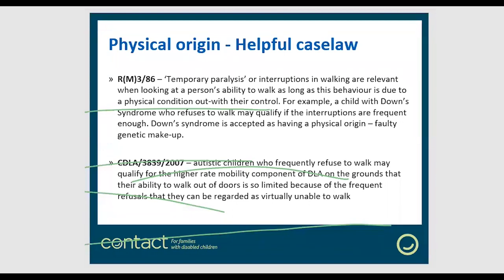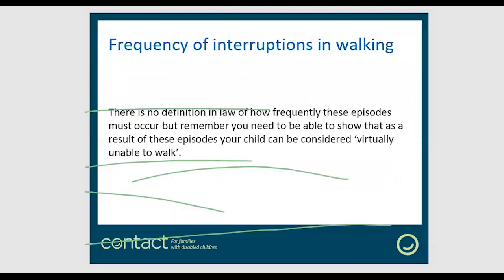It's not enough to show they have a condition of that nature. You'll also have to show that the temporary interruptions are happening frequently enough that the child can be said to be virtually unable to walk. And you'll have to convince a decision maker that this child is unable or virtually unable to walk, rather than just a child who's choosing not to walk.